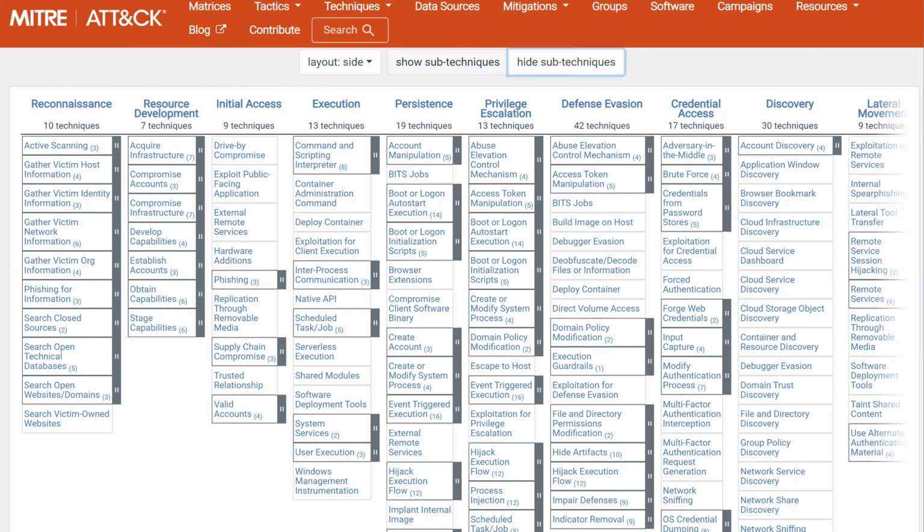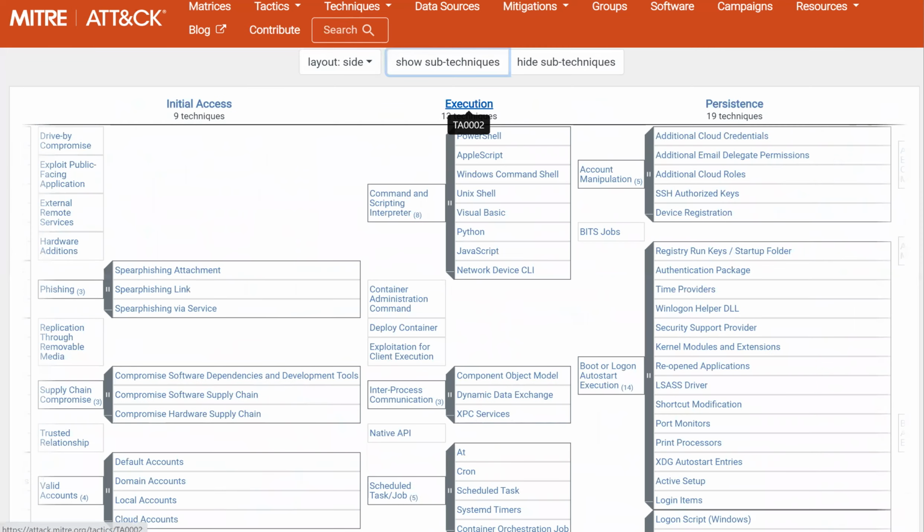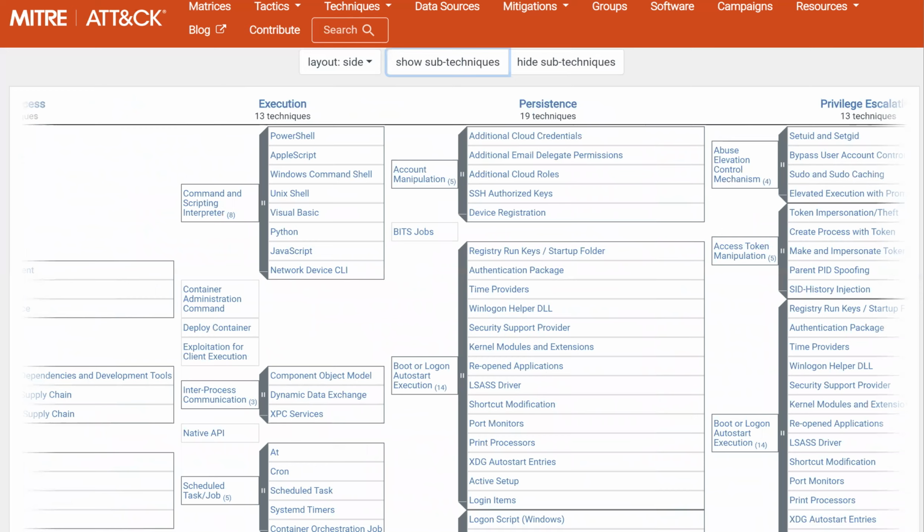So what I found to be super useful is this show sub techniques, and each tactic has been broken down with naming conventions. So TA0043 is our recon, initial access is TA0001, execution TA0002, persistence TA0003, and so on.